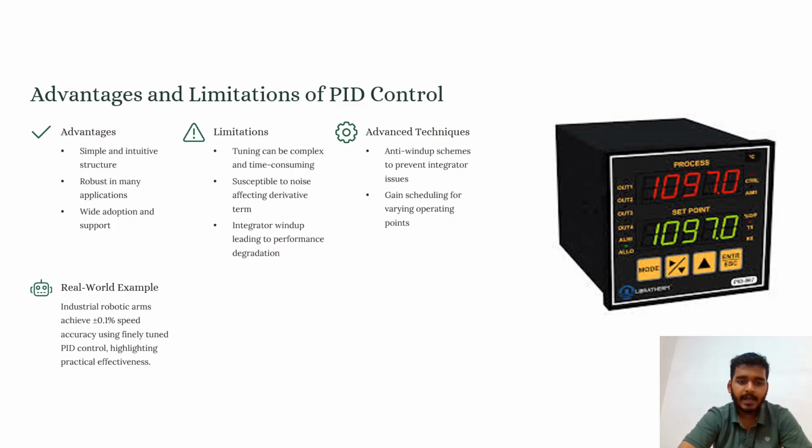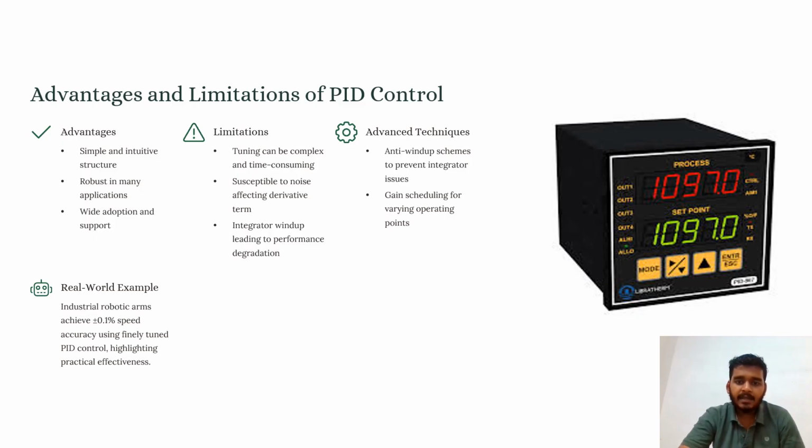Advantages and limitations of the PID controller: the advantages, limitations, advanced techniques, and real world examples. Advantages are simple structure and robustness in many applications, wide adoption and support. Limitations: tuning can be complex and time consuming, susceptibility to noise affecting the derivative term, and integrator windup leading to performance degradation.